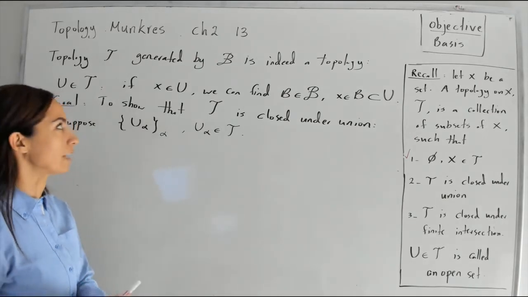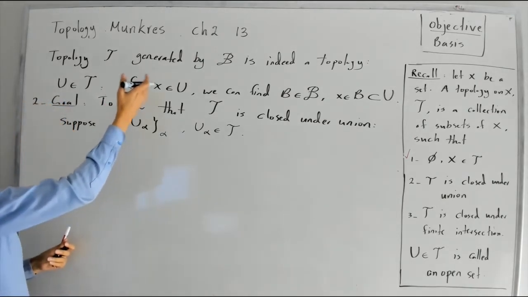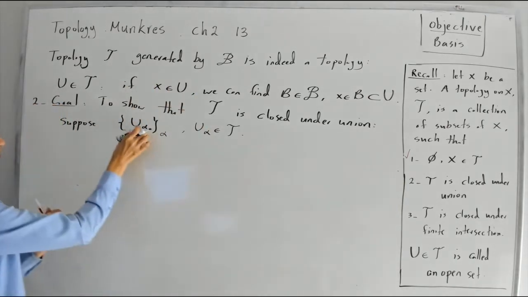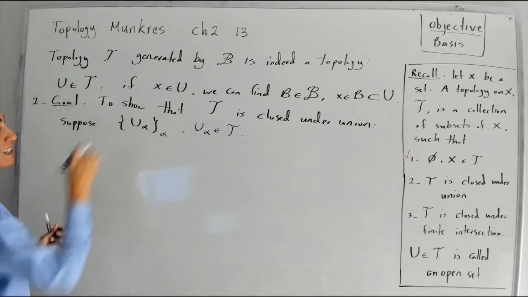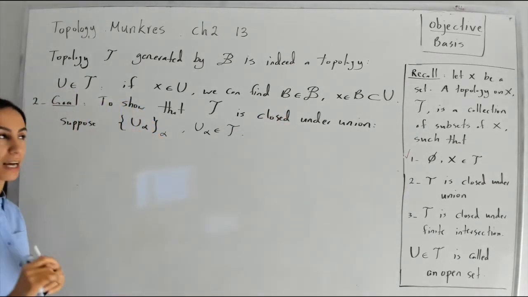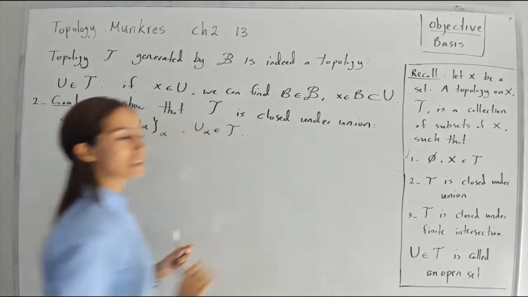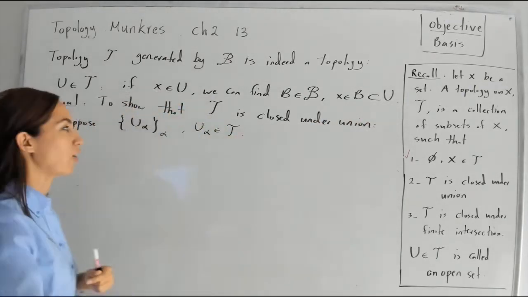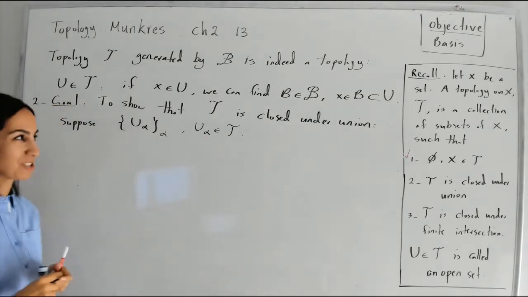What's the meaning of that? It means that if X belongs to U, where U is the union of these sets, then we can find a basis element such that X belongs to the basis element and it's a subset of U, or the union of U sub alphas.